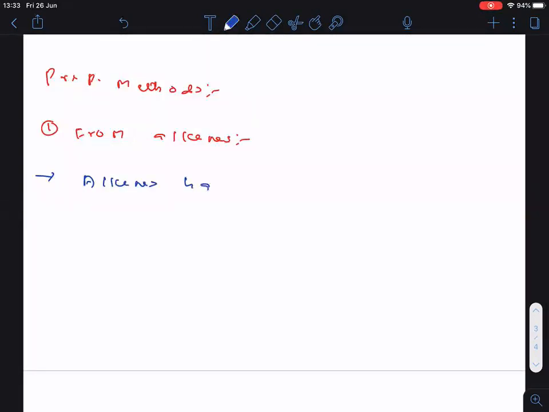Alkenes having at least one hydrogen on the vinylic carbon atom produce carboxylic acid.